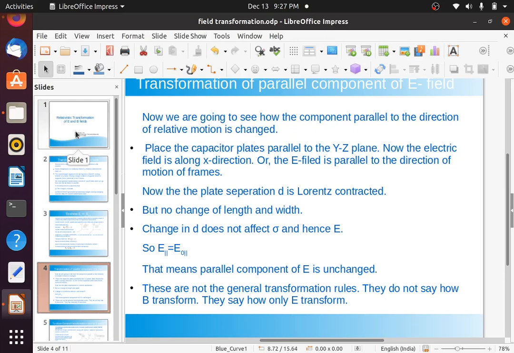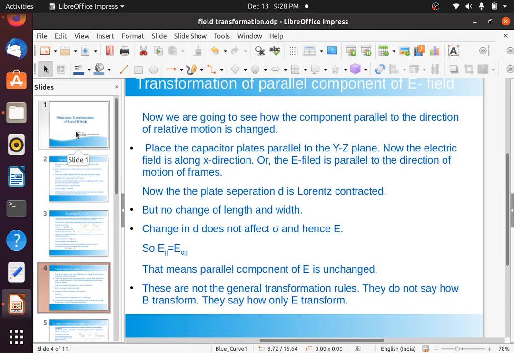So we can say that the electric field measured from the S frame is the same as the electric field measured in the S dash frame when the capacitor plates are put parallel to the YZ plane. So E parallel is equal to E0 parallel. E parallel is the parallel component of the electric field measured from the S frame, and E0 parallel is the parallel component measured from the S dash frame. So the parallel component of the electric field is unchanged.